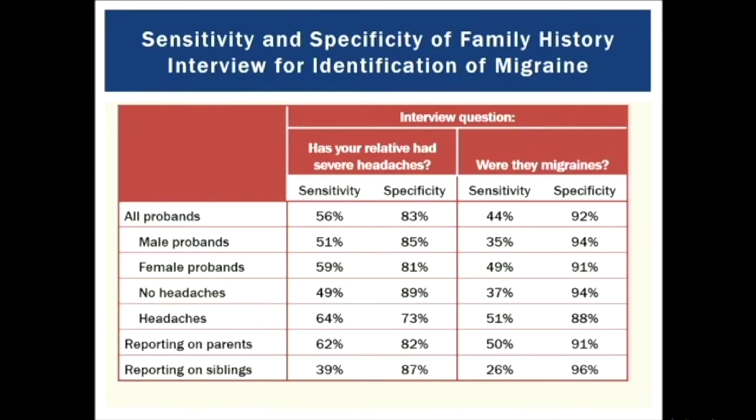And that's probably because of the age at onset distribution of migraine. If you're asked about migraine in your mother, well, you've grown up with your mother, you've seen her over the years disappearing into a dark room periodically, but your siblings may not have had onset until after you left home or after they left home, because migraine has onset in early adulthood or late adolescence in general.